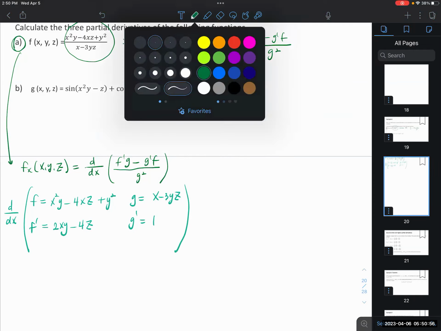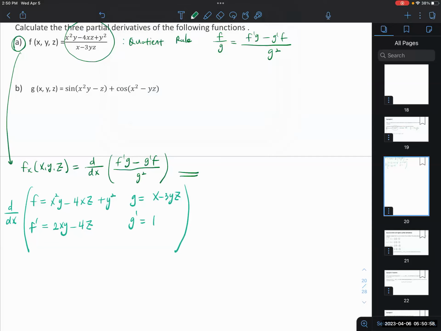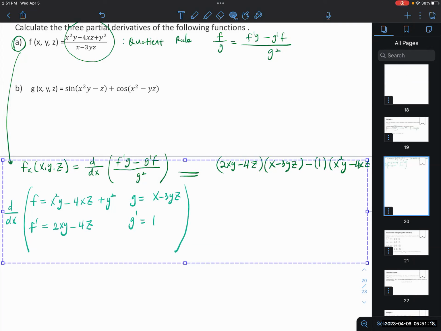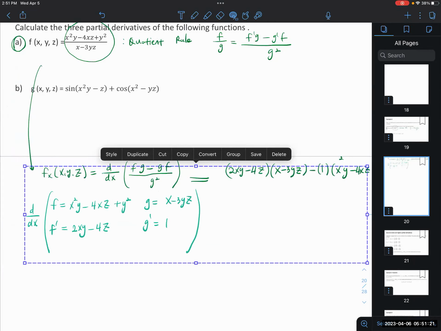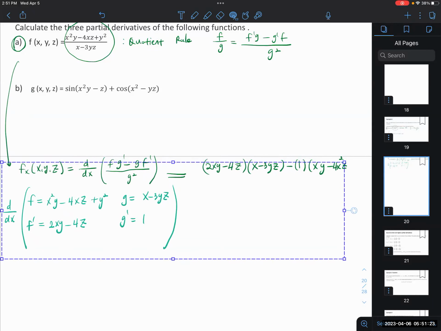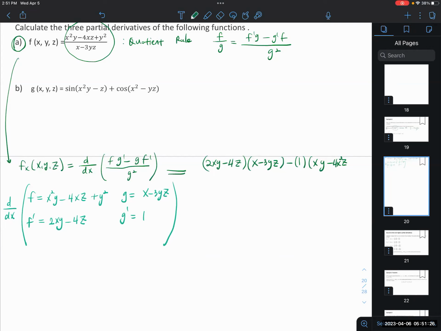So therefore, we have f prime 2xy minus 4z, f prime g, x minus 3yz, minus the g prime is 1, f x squared y minus 4xz. Ugh, I knew that I needed a space. And then let me minimize it. All right, so then the f is plus y to the 2nd over g 2nd power.